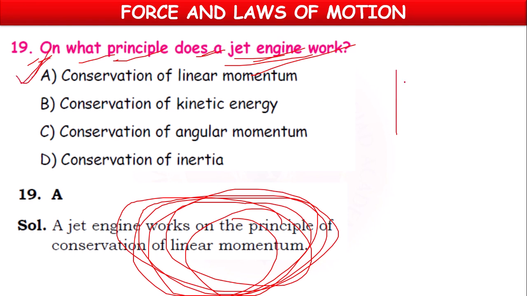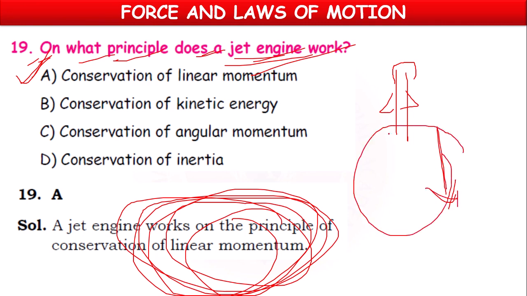The jet plane will go up and the smoke will come down. So the total momentum before the starting of the jet plane and after the starting of the jet plane will be equal. And it also works on Newton's third law of motion. So answer option A is correct.